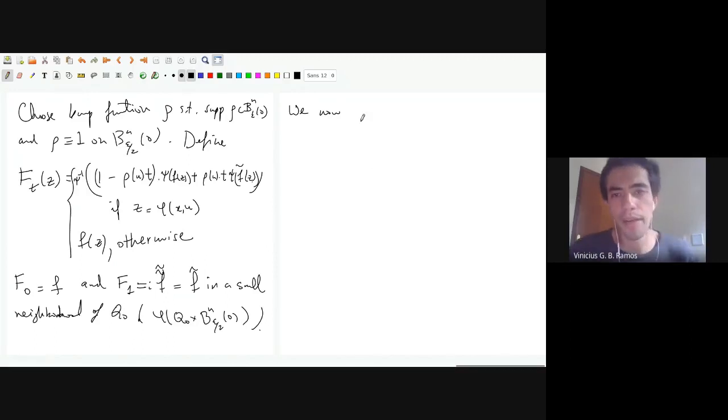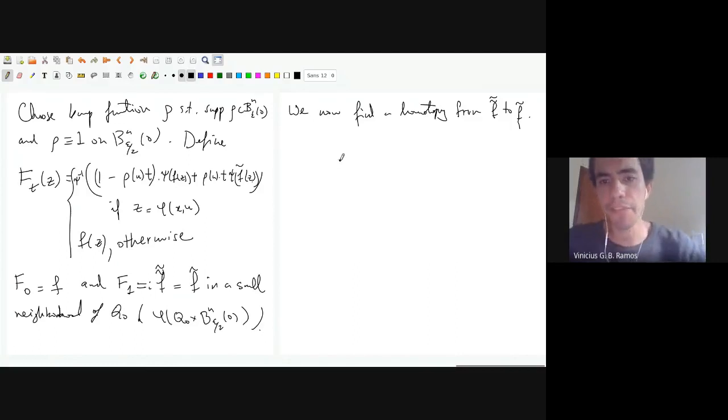Okay, so we now find a homotopy from f double tilde to f tilde. And remember, f double tilde is some function that coincides with f tilde in the neighborhood of Q0. But otherwise, it's completely different. So now it's actually even easier. Now we consider a stereographic projection, but now relative to y.